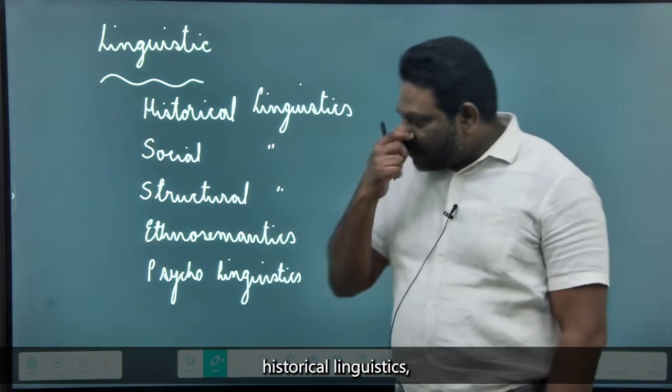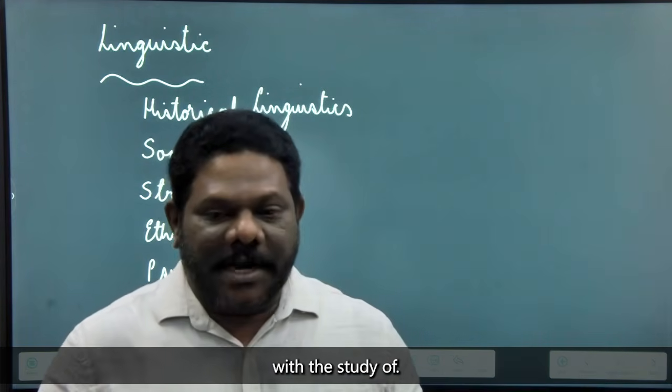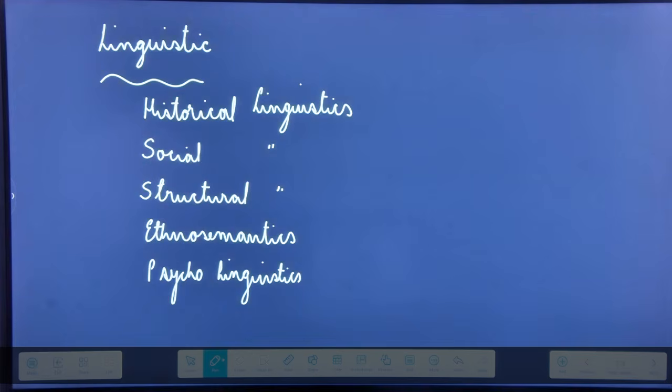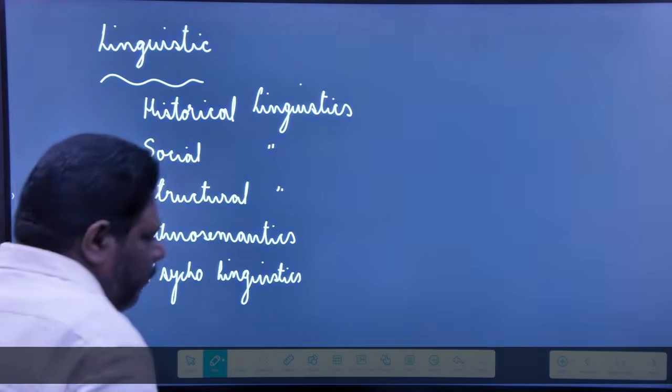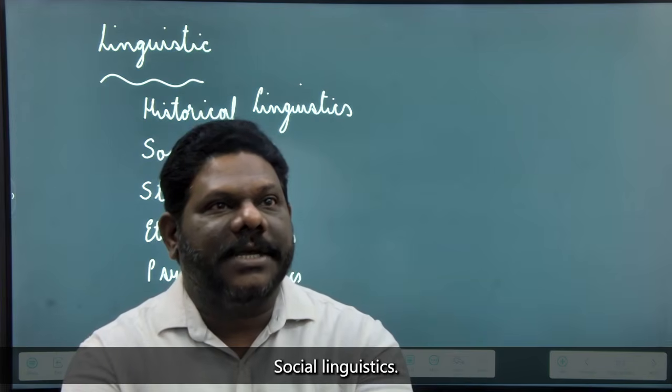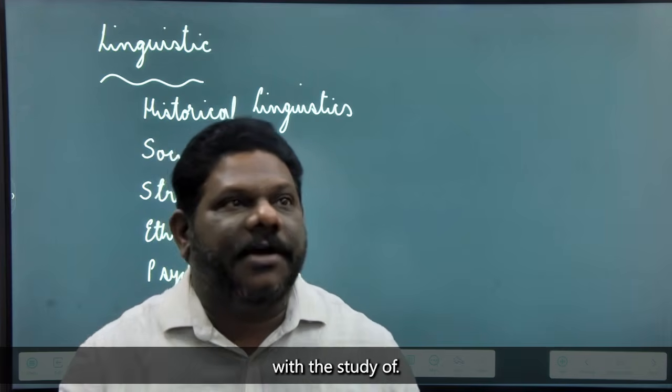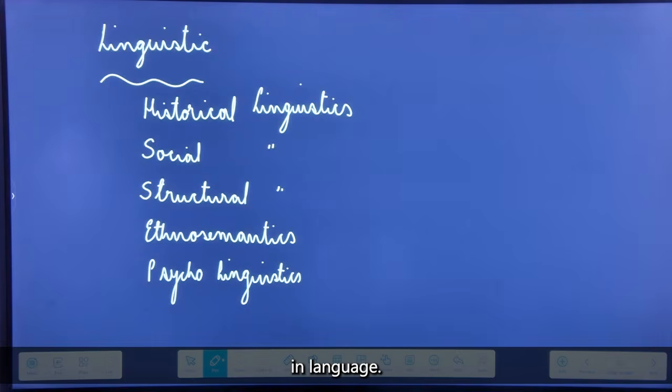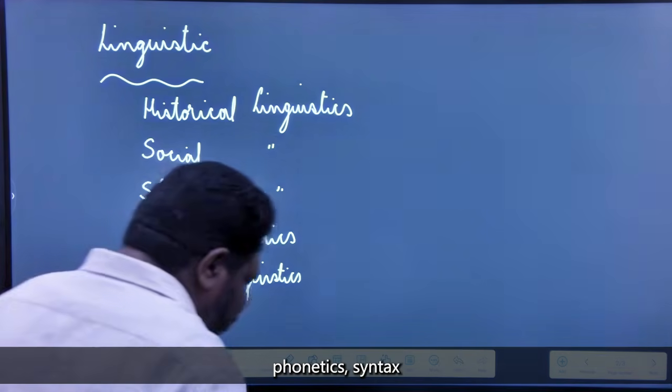So please write historical linguistics. It deals with the study of origin and evolution of language from past to present. Social linguistics deals with the study of social variations in language. Structural linguistics deals with the study of morphemes, phonemes or phonetics, syntax or grammar.